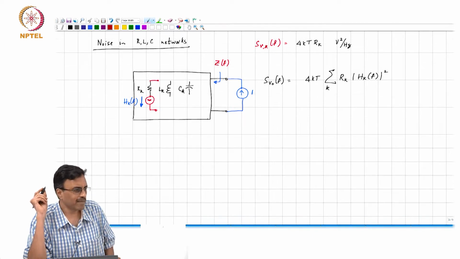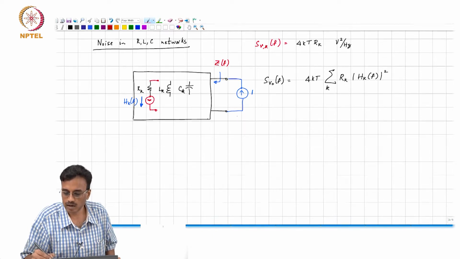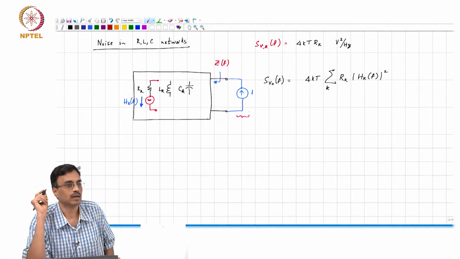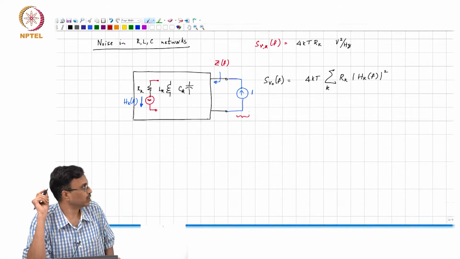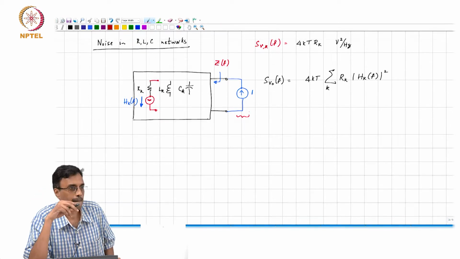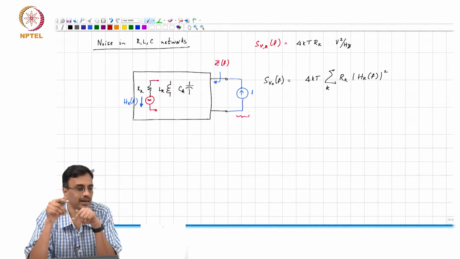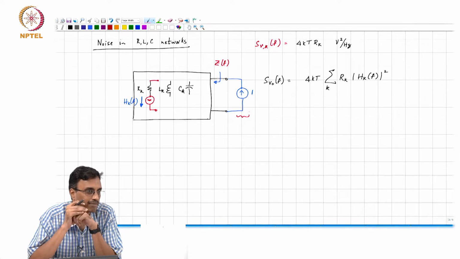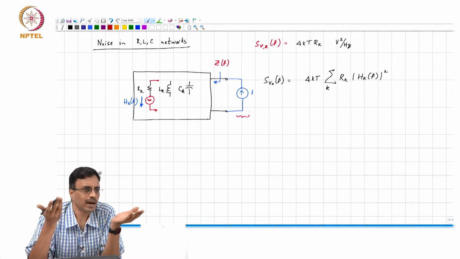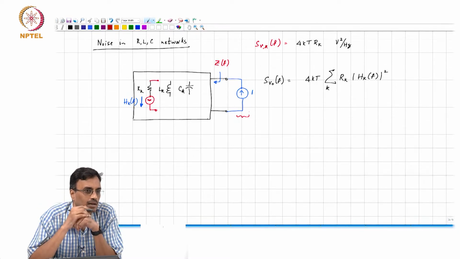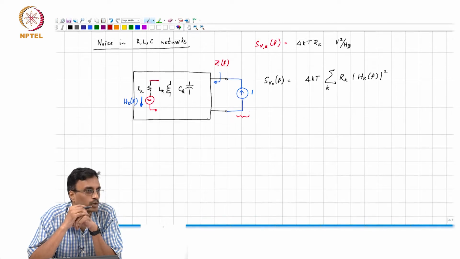So, what comment can we make about the energy supplied or the power supplied by this current source into the box? If you have a current driving into an impedance Z of f, what comment can we make about the energy supplied by the current source into this box?